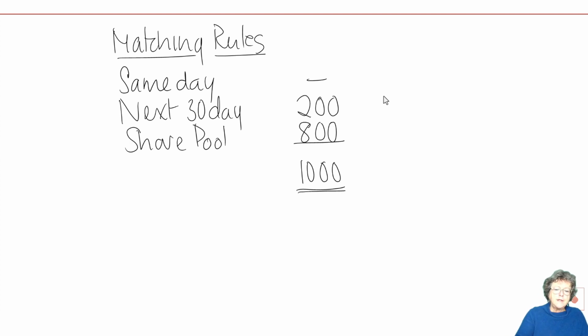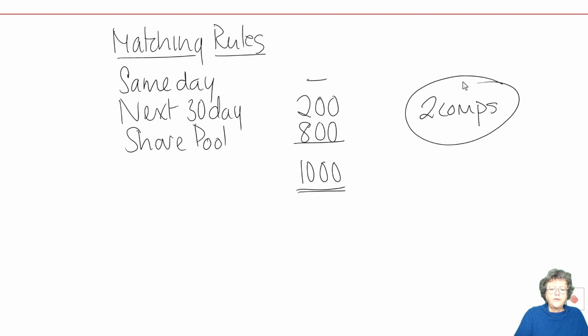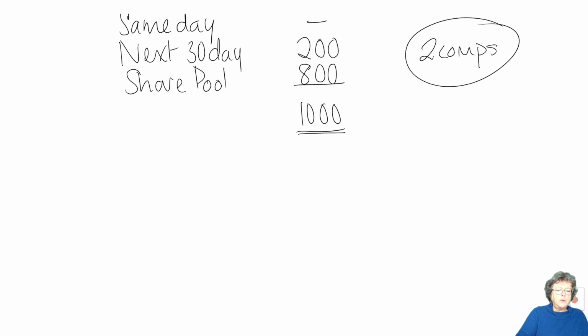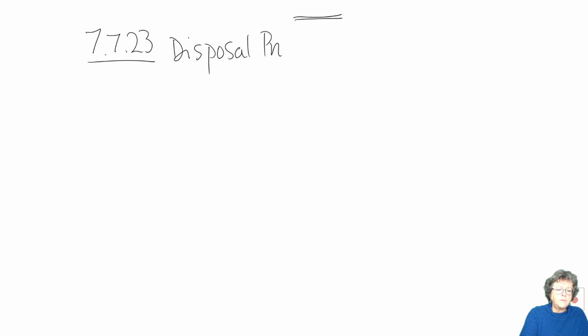So we're going to have to do two computations because there are two sections of shares that need to be matched. So the first one is the 7th of the 7th, 23. So the disposal proceeds less cost. Proceeds less cost equals gain. Okay.